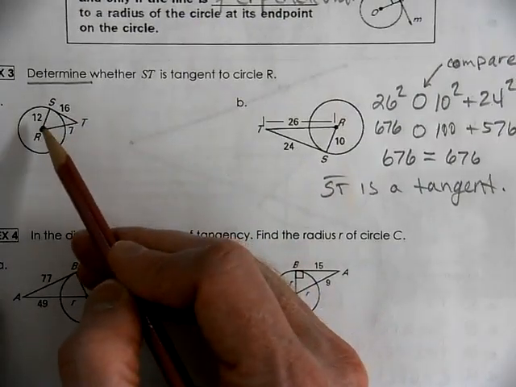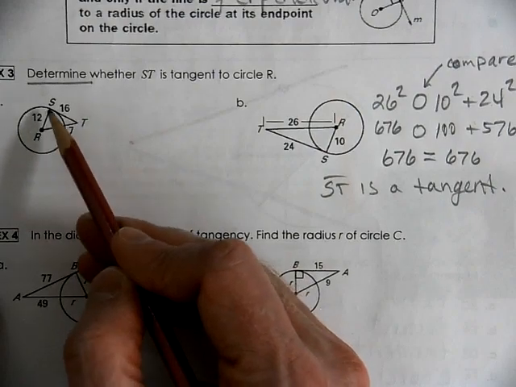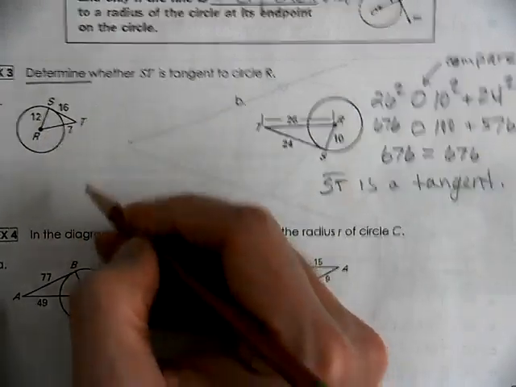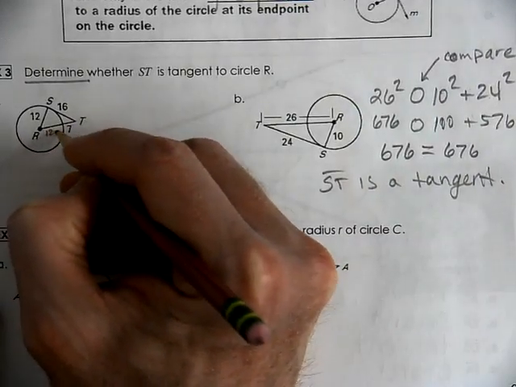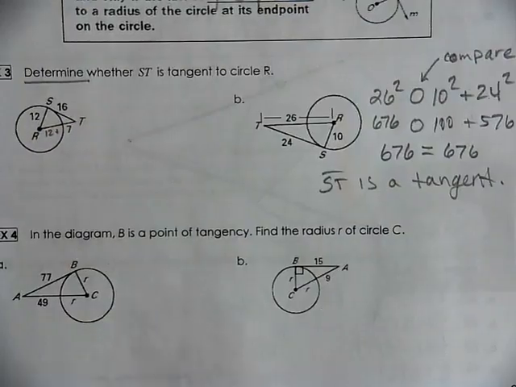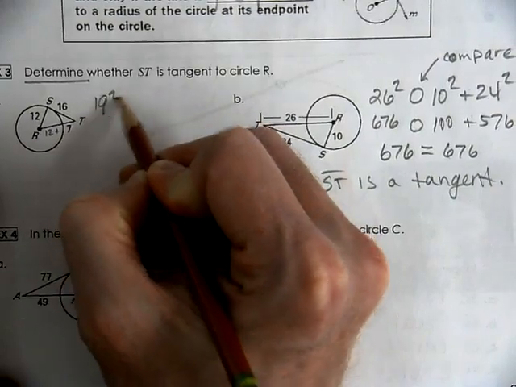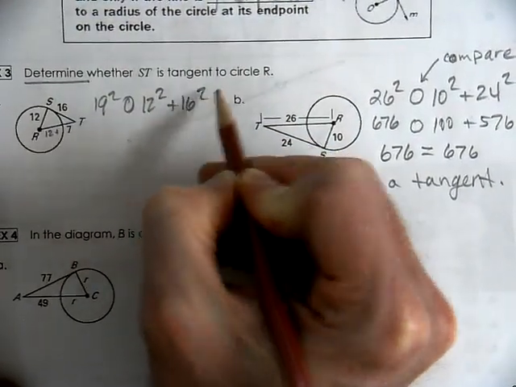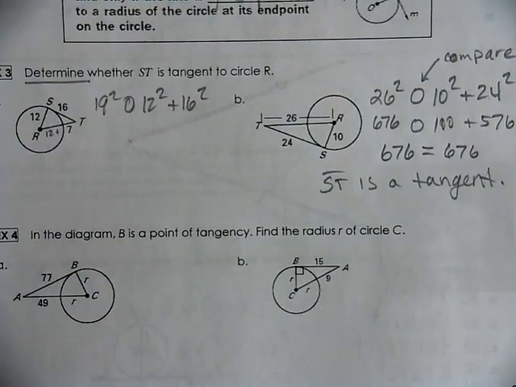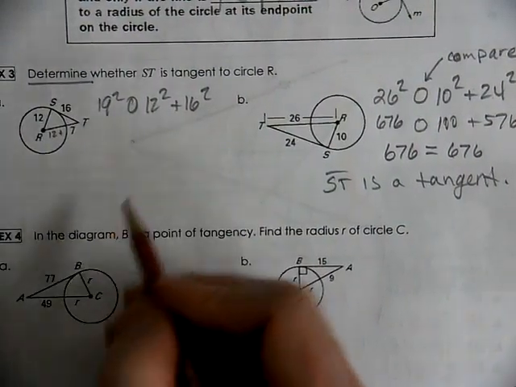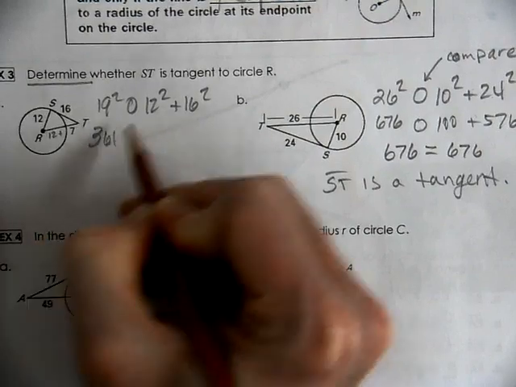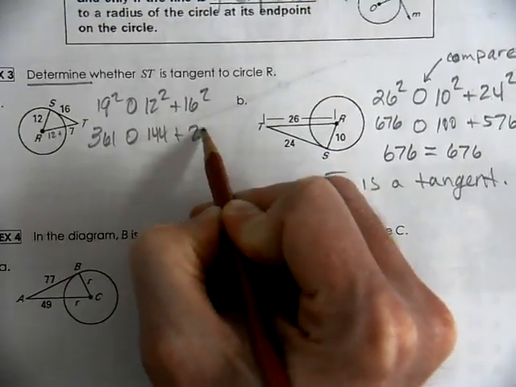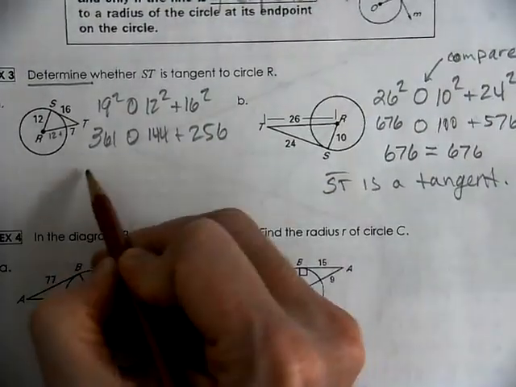Well, every radius is exactly the same. So this radius is 12, this radius is going to be 12. So this is going to be 12 plus the 7, which is the 19. And we compare that with the 12 and the 16. And we get 361, 144, and 256.